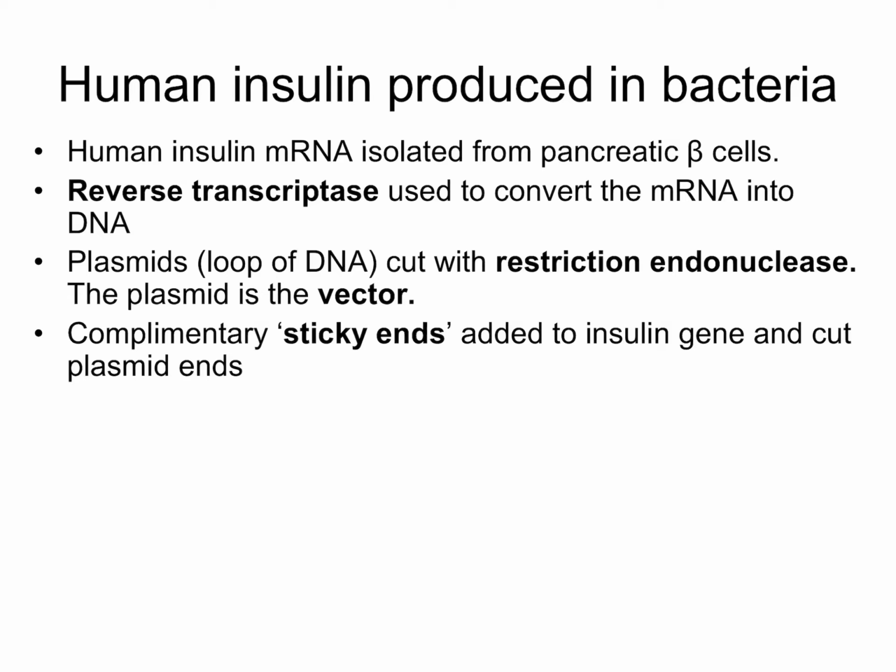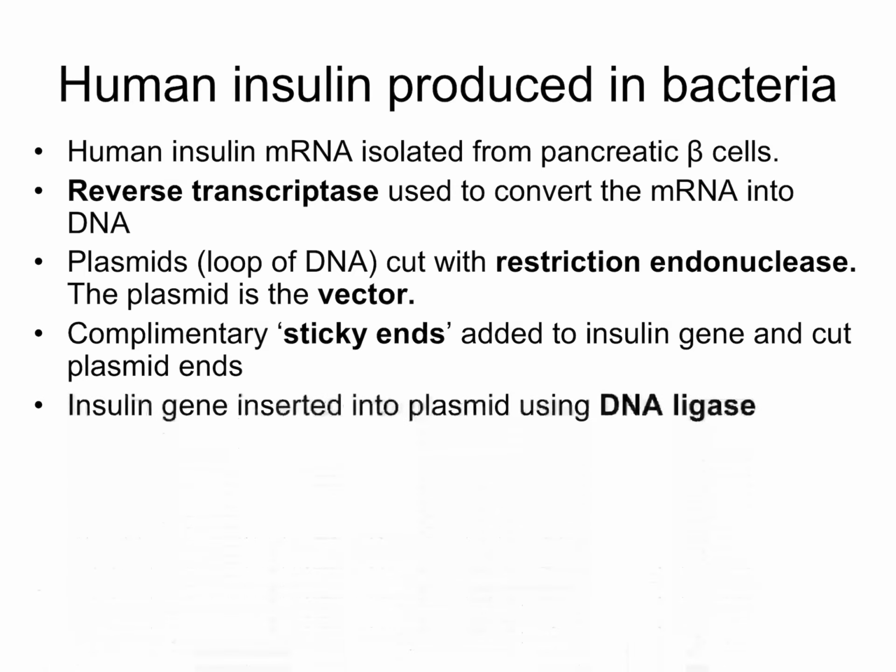Then, complementary sticky ends are going to be added to the insulin gene and the cut plasmid ends. Now, sometimes you can use restriction enzymes to create these sticky ends as shown in the animations, but in this case they can just add little sections onto the end of both the insulin gene and the cut plasmid ends, and they will be complementary, so it will slot in nicely and fit within that gap in the plasmid.